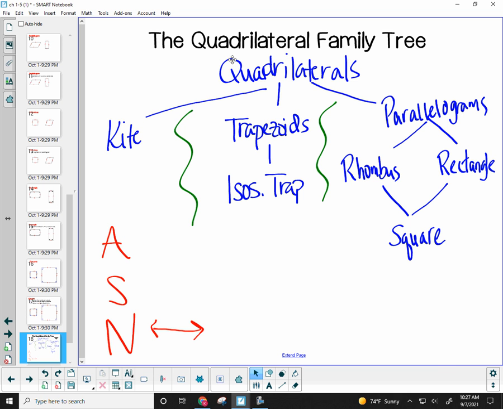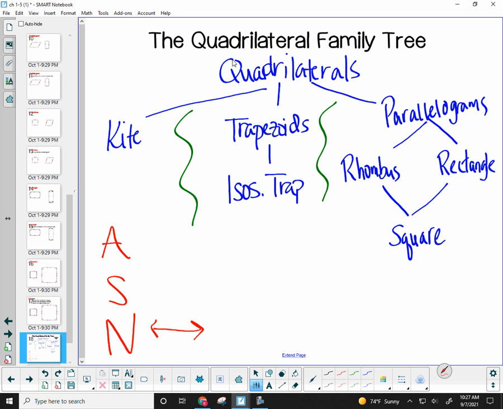All right, as we move down our family tree, we become more and more and more specific, right? If I move up my family tree, I become less specific. So let's think about a square. Is a square always a quadrilateral? Is a quadrilateral always a square? No, because I can think of lots of quadrilaterals that are not square, right?